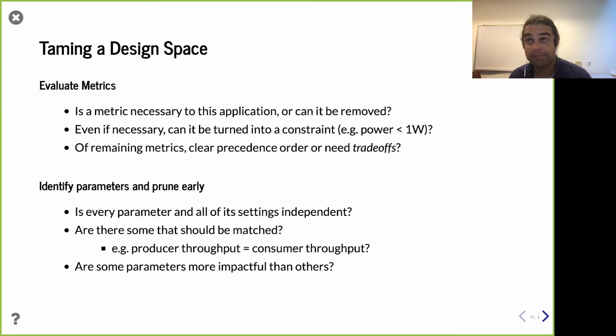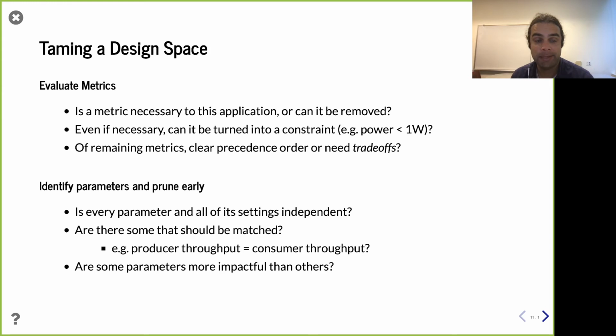Number one is to have a serious design conversation about what metrics really matter. In early stages, it's easy to list a lot of things on your wish list, but you can't do them all. So first off, if someone gives you a metric, you should ask yourself, is that really important? Or is that just being overly cautious? Many times you can take a metric and, rather than just being a metric to optimize, turn it into a constraint.